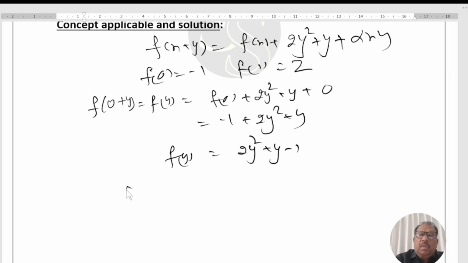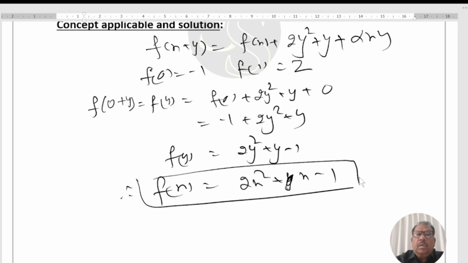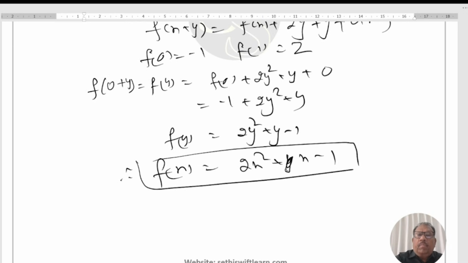Therefore f(x), or f(n), is 2n square plus n minus 1. Right?